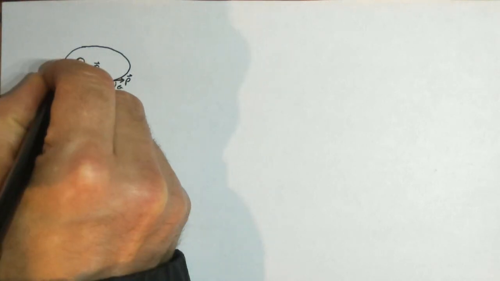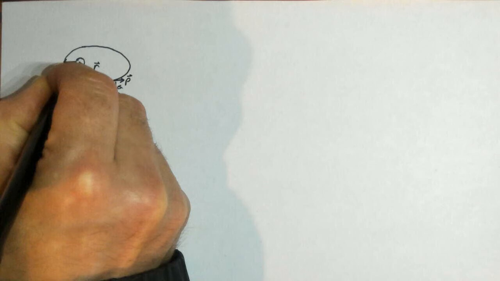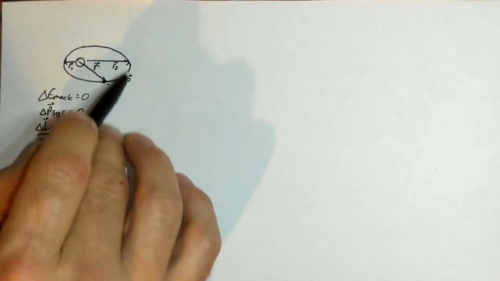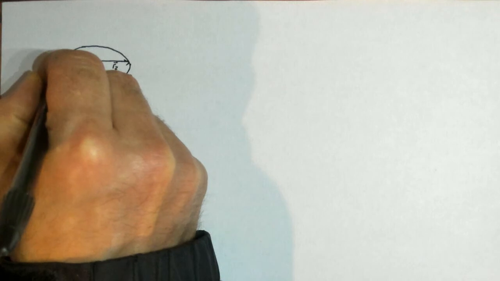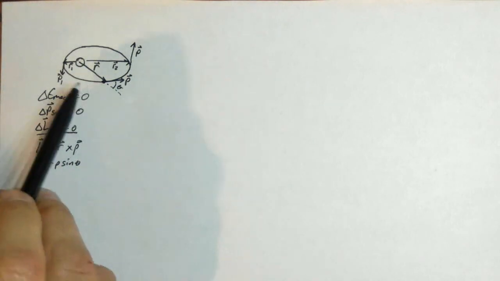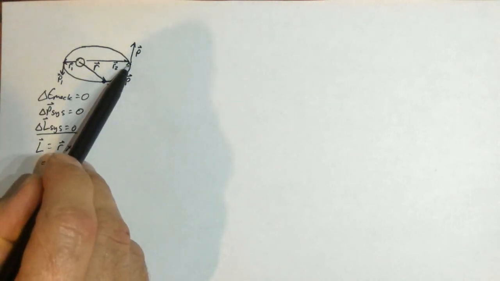Now there are 2 points where this becomes very useful. One is right here, which I'm going to call R1. The other one is right here, which I'll call R2, supposed to be at the very end where it starts to turn around. At those points, the momenta are perfectly perpendicular to r because they're tangent to the circle and it's a turning point.